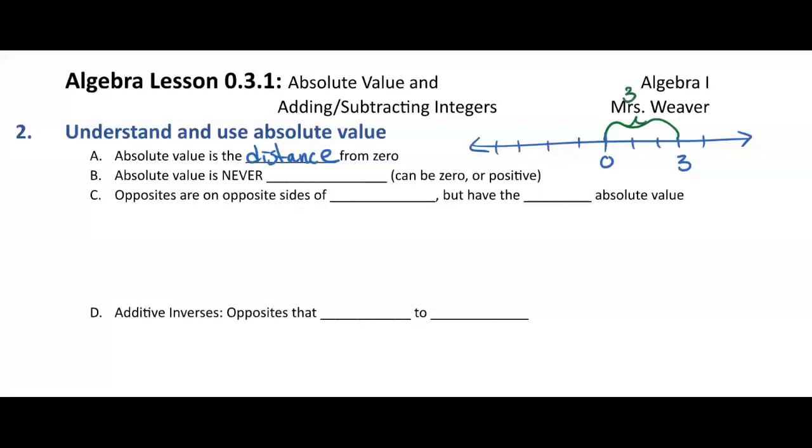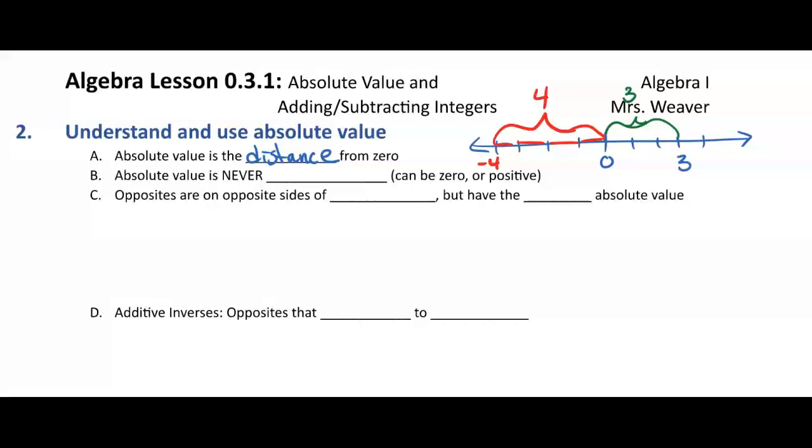If I am using a point here, 1, 2, 3, negative 4, my distance from 0 is 1, 2, 3, 4. Just how far am I from 0? That is what absolute value means.